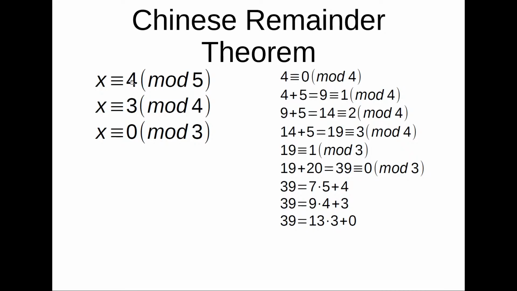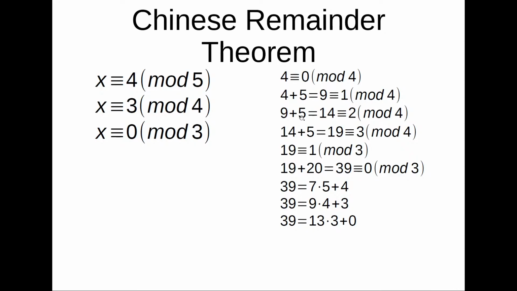And for each of those numbers, you also want a number that when you divide it by 4, you get 3 as the remainder. So here, you start with 4, you divide it by 4, you get 0 as the remainder, or in other words, it's congruent to 0 mod 4. And then the next one is 9, because if you divide 9 by 5, you get 4 as the remainder. So then you'll try 9, you'll find it's congruent to 1 mod 4.